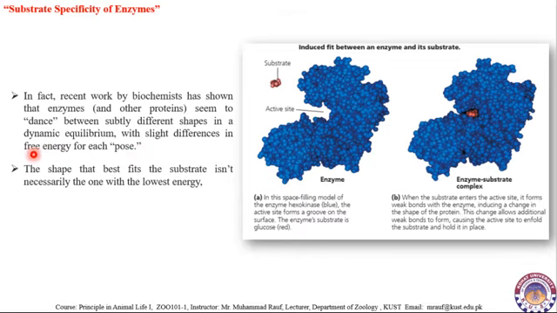Free energy is that energy which can perform work, which is available to perform work. So these different structures in which the enzyme oscillates, all those structures have slight differences in the free energy, or in the amount of energy possessed to perform some work.